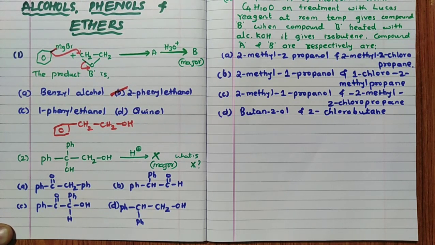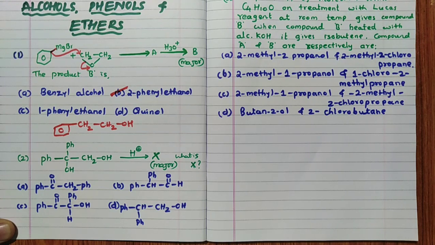Dehydration does not always mean you get an alkene only. Sometimes, if there is a keto-enol form, it will choose the keto form rather than the enol form, depending on the stability. Remember that point.